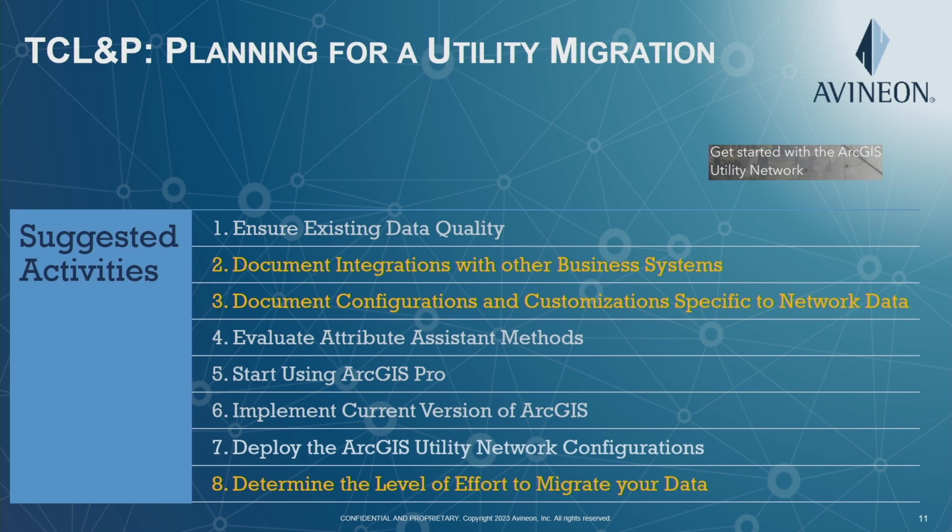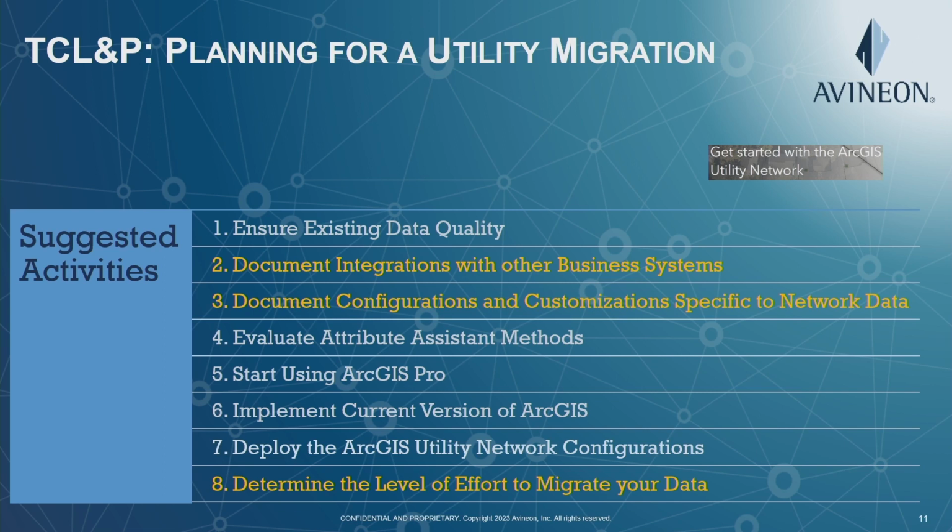You can see the word document, documenting the integrations, the configurations, and also determining that level of effort to migrate their data. Because like all of us, we've all done a really great job of documenting every single thing we're doing in GIS, right? So that was one of the things, having to take that step back of, let's see where it's all being used.